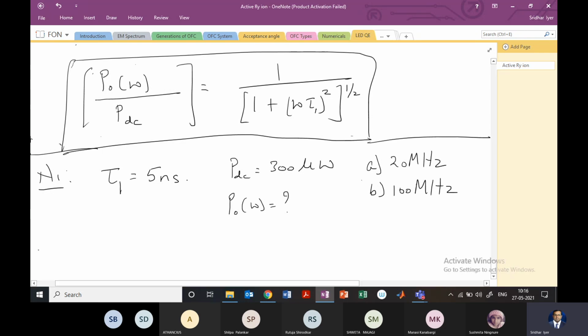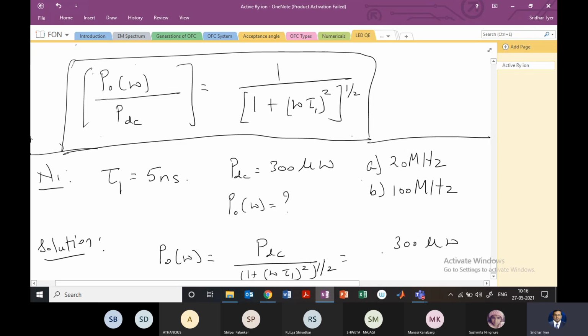So let us look at the solution. We just have to directly use that equation. So I'll rewrite that equation. We need to find P naught of omega. I'll take the PDC in the denominator on the LHS to the right hand side. So you'll have PDC divided by 1 plus omega tau 1 the whole square, raised to half. PDC is given to us, which is 300 microwatt.